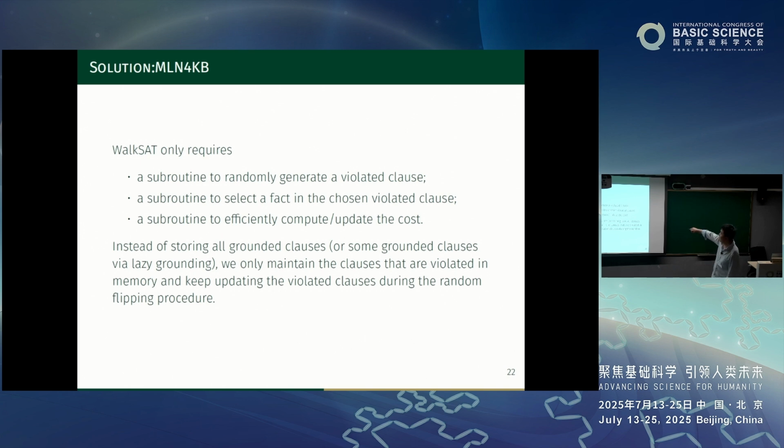If we have these 3 subroutines, then the algorithm is able to work. So instead of storing all grounded clauses, or rules, we only maintain the clauses that are violated in memory, and keep updating them during the random flipping procedure. We only store a small part of the violated clauses in memory. We don't need to store all of them.